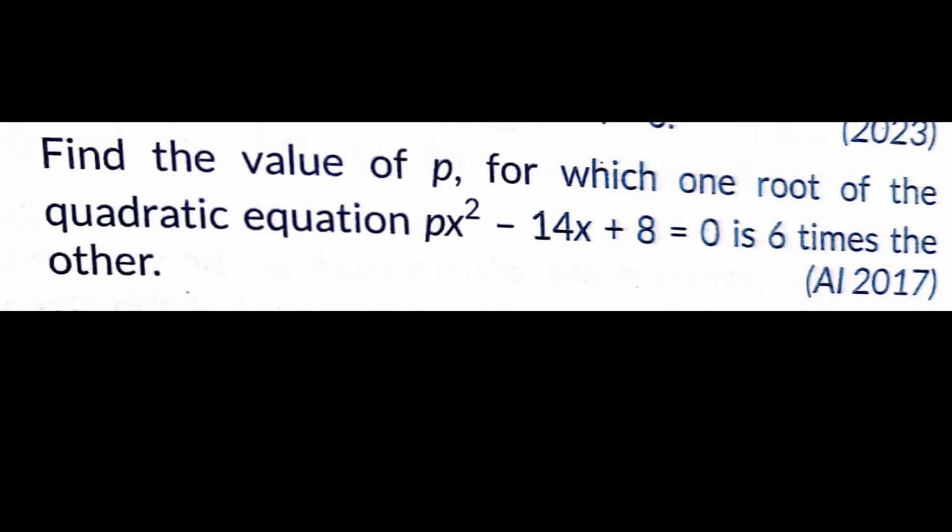You have to find the value of p for which one root is 6 times the other. Everyone try it on your own, pause the video and try it on your own.